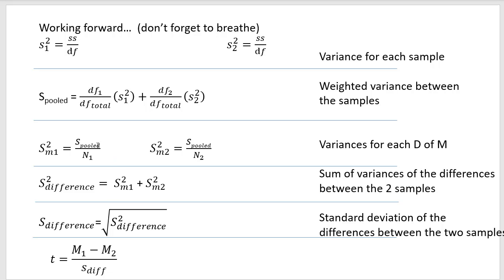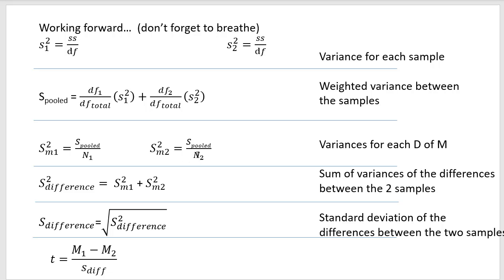So it's pretty easy. All we need to do to calculate the estimated population variance of the distribution of means for group 1, he says easily, is take the pooled variance from above and divide it by the number in group 1, and the same thing for group number 2.